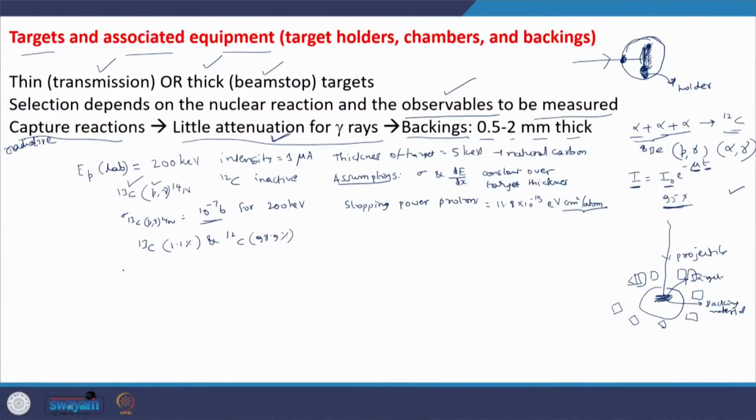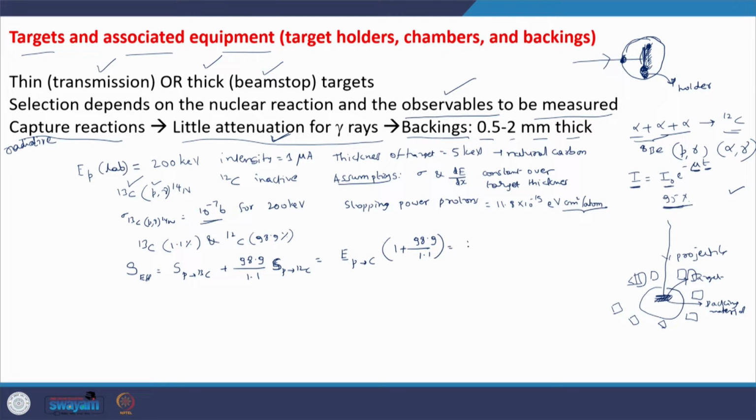Stopping power S effective, if you consider, is basically the stopping power for proton on 13 carbon plus, since 98.9% of carbon 12 is there and 1.1% is carbon 13, the effective stopping power for proton on 12 carbon. So, the effective stopping power for proton on whole carbon is given as 98.9 divided by 1.1.